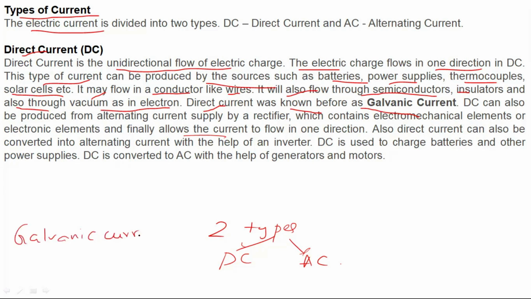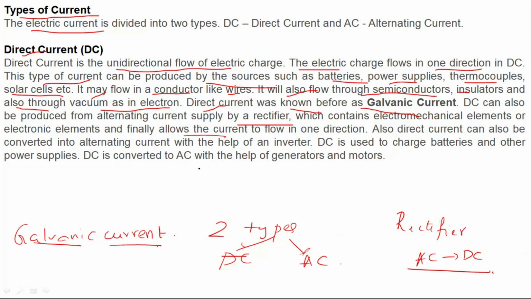DC can also be produced from an alternating current supply by a rectifier. If you use a rectifier, which contains electromechanical or electronic elements, the AC can be changed into DC, finally allowing the current to flow in one direction.